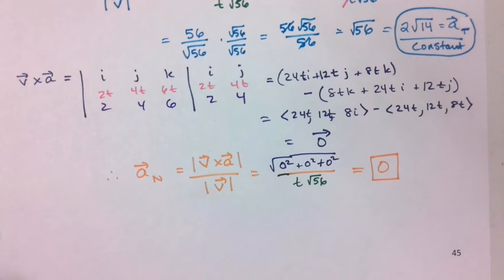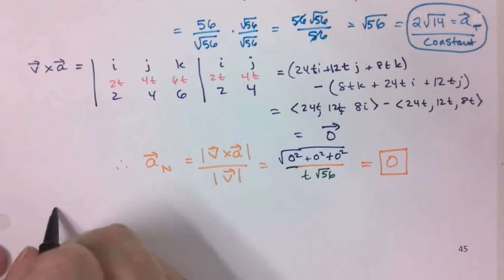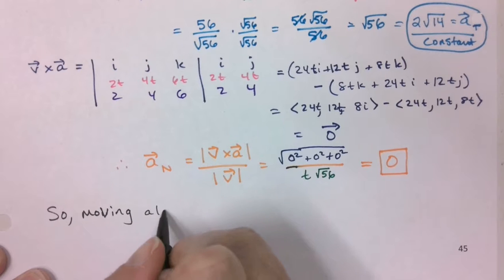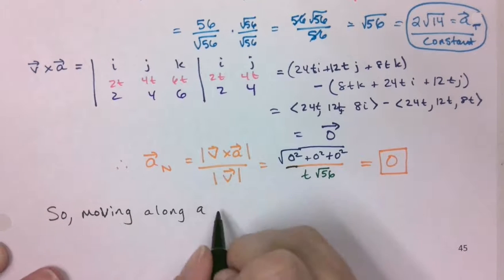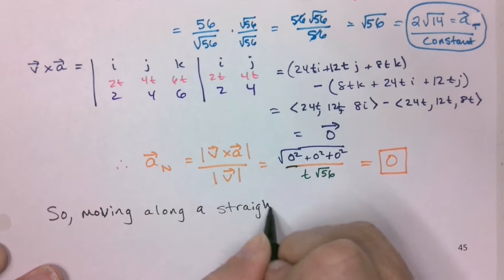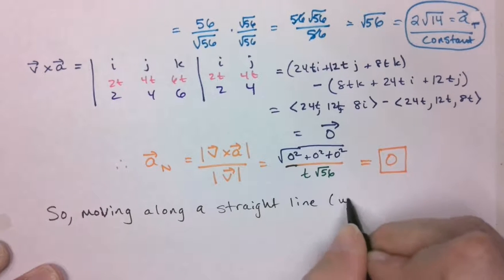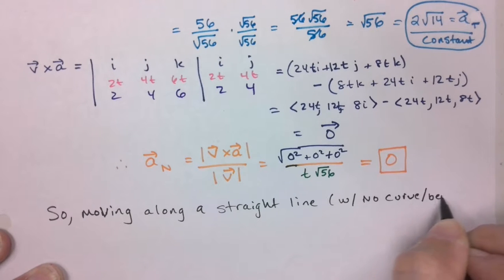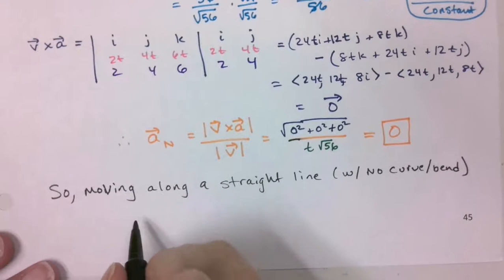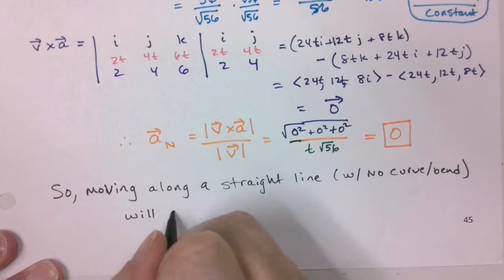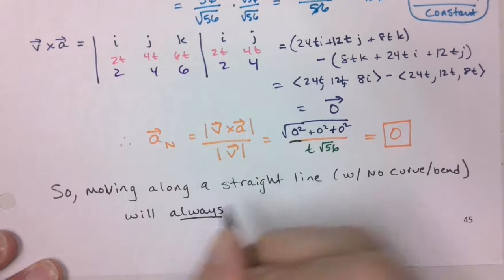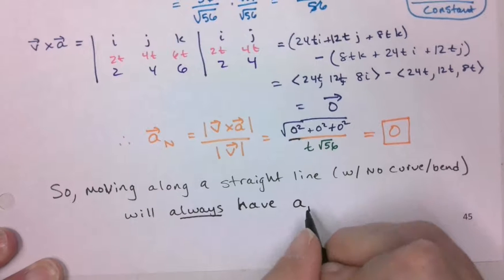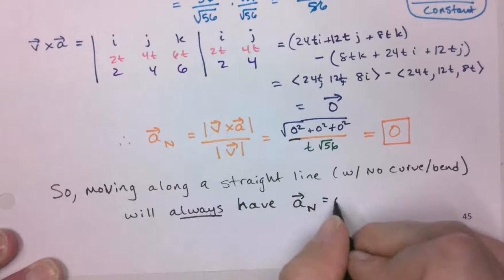I was just thinking. So moving along a straight line, with no curve or bend to it will always have a normal component to the acceleration equal to 0.